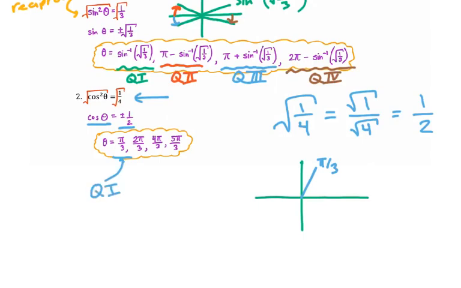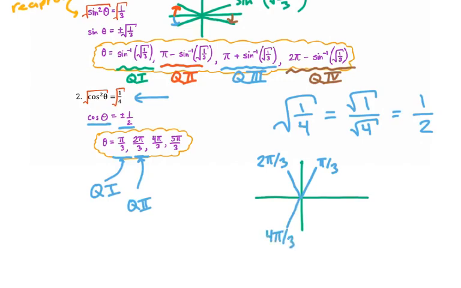In quadrant 2 at 2 pi over 3, we'll be getting back an x-coordinate of negative 1/2, so that works as well. So our second solution here comes from quadrant 2. Another location where the x-coordinate is plus or minus 1/2 is in quadrant 3 at an angle of 4 pi over 3.